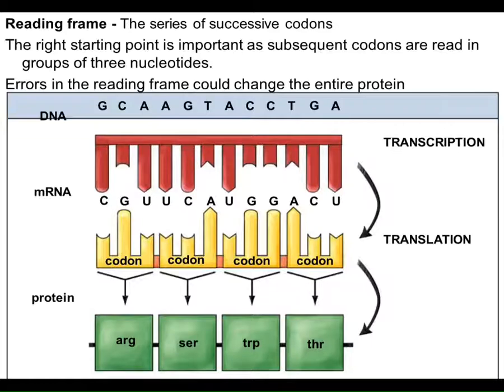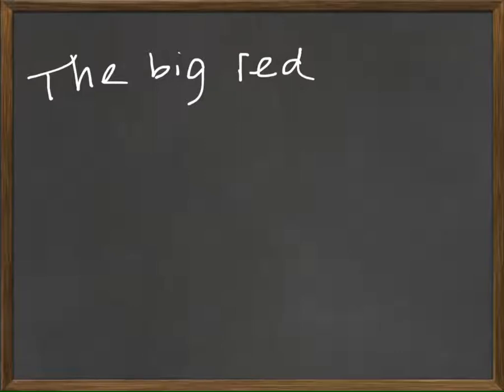Let me demonstrate this for you. So if I had, for example, a phrase that went like this: the big red dog. Okay? The big red dog. I'm using three-letter words because we've got a three-letter codon sequence here. Now, the ribosome will know where to, well, first of all, I will know where to start reading that sentence because I see the capital T. So that's my signal to start.